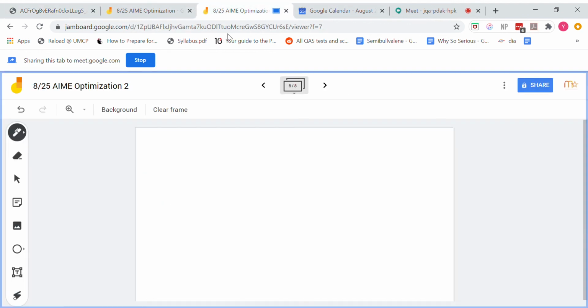Okay, so let's deal with this. What we're given is the sum of x sub I, I equals 1 to 216, equals 1.